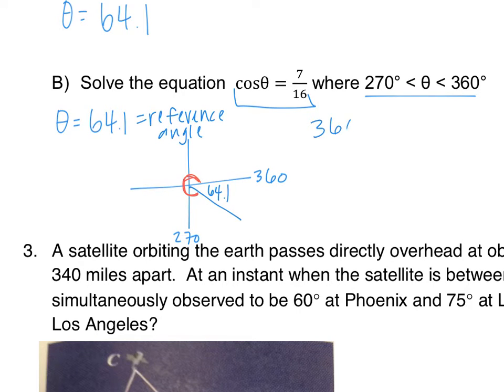So 360 minus 64.1 will give me my final answer. And I got 295.9. So now this number, is this between 270 and 360? Yes. So this is our answer.